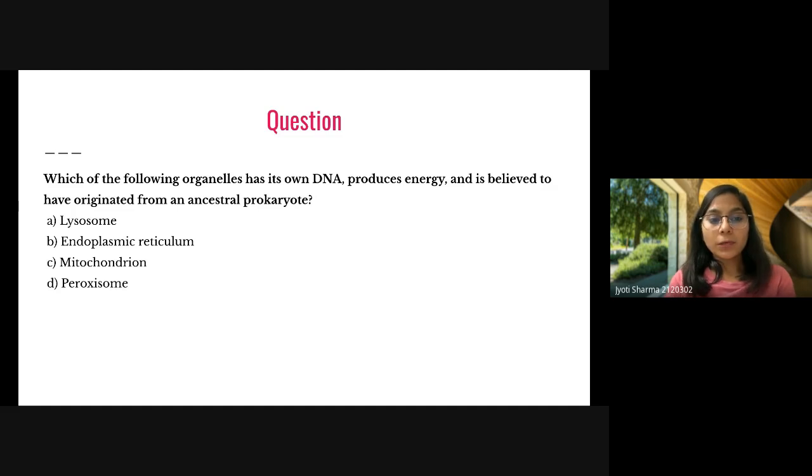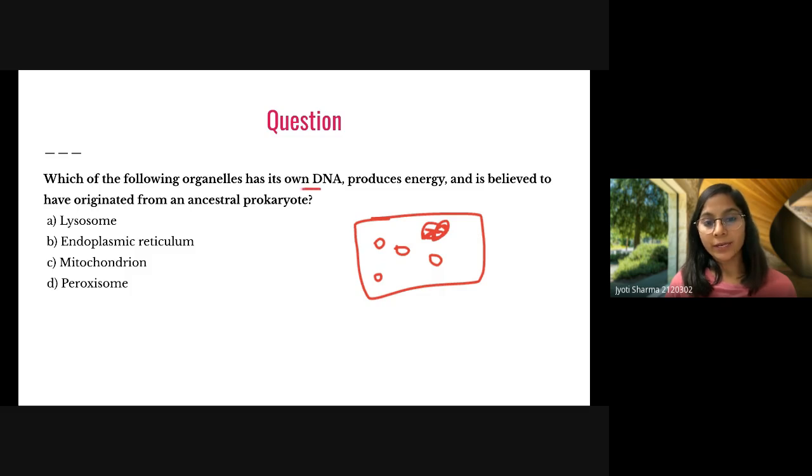Okay, so let's say we have this bacterial cell, and we have some organelles in it. Let's say we have ribosomes, the genetic material, and some other organelles. So which of the following organelles has its own DNA, produces energy, and is believed to have originated from ancestral prokaryotes?